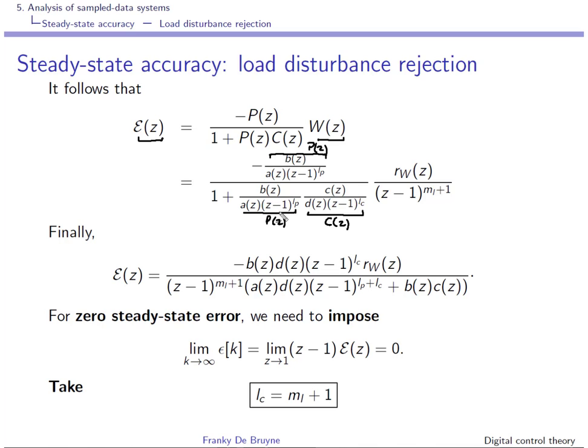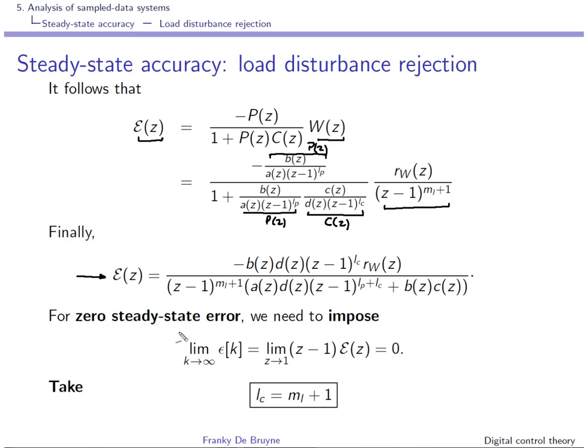It's the number of integrators in the process, but LC you can choose. You can decide on how many integrators you put in your controller. And this is the type of load disturbance that you consider, and in practice you'll consider step signals and ramp signals. If you compute this, this is what you will end up with.